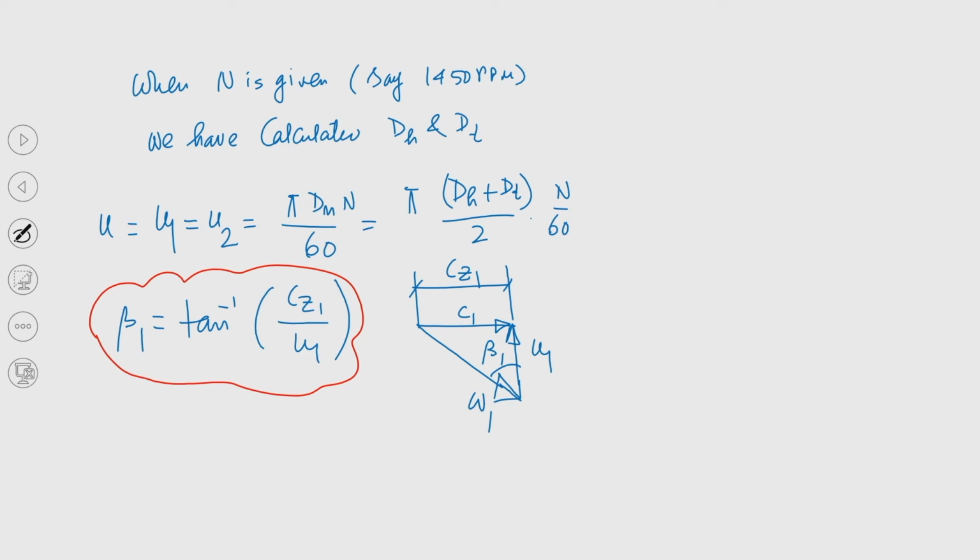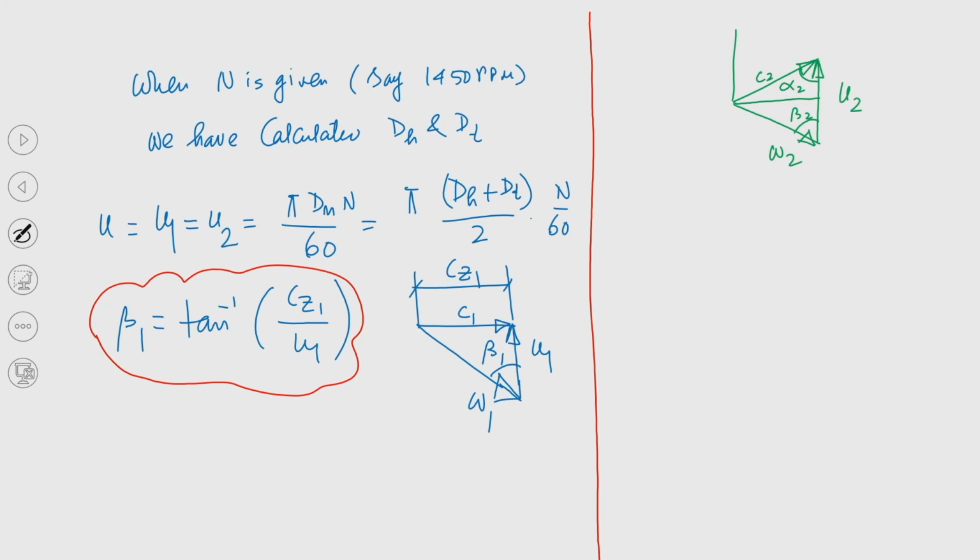What else do we have to calculate? Now, if we go to the previous slide and try to draw the velocity triangle at the outlet, this is U2, this is W2, this is beta 2, this is alpha 2, this is C2 and this is Cz2.